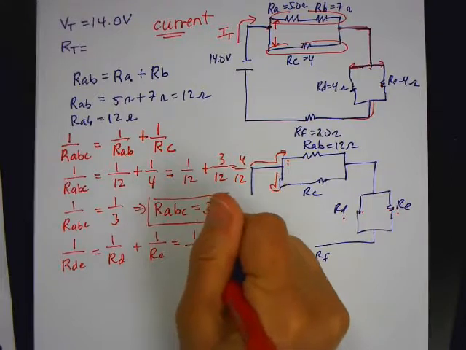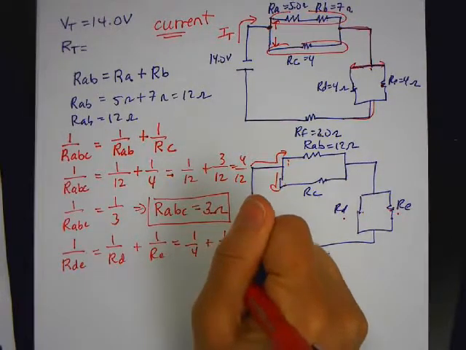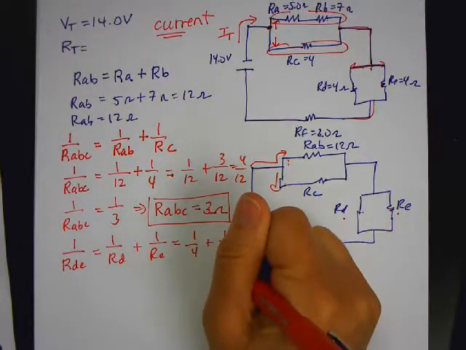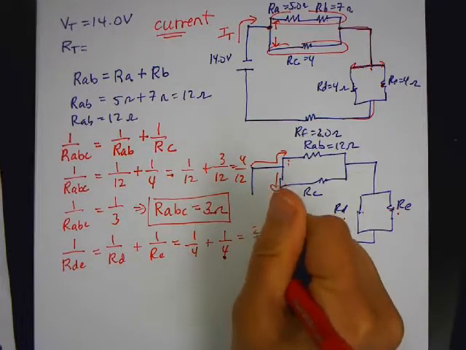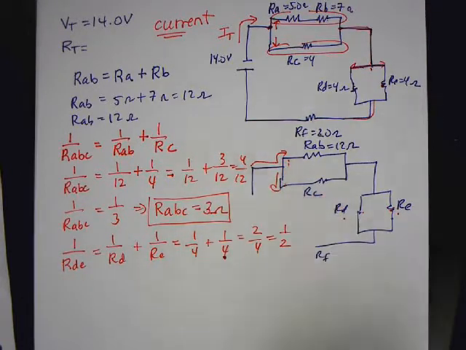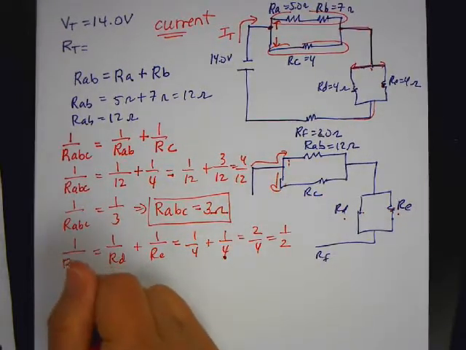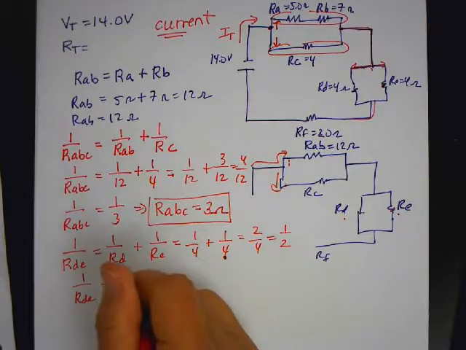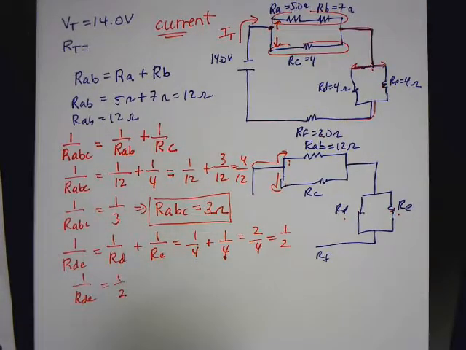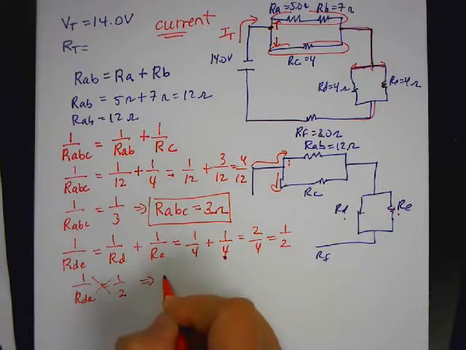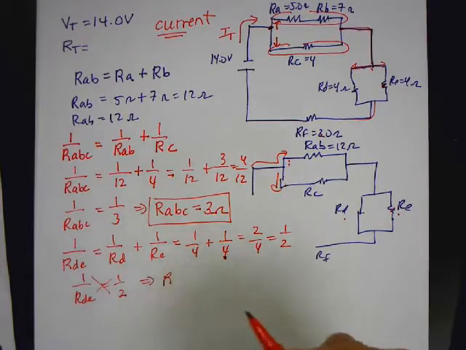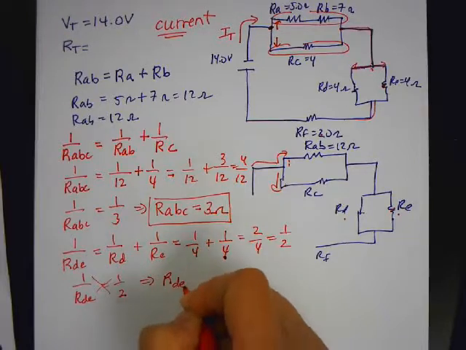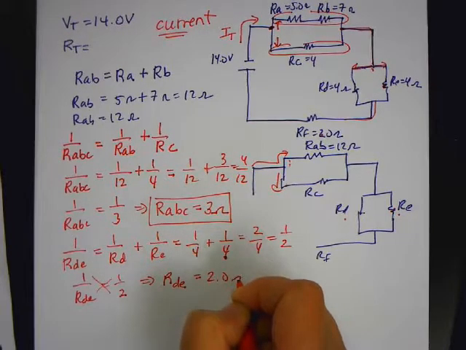So 1/4 plus 1/4 is equal to 2/4, which reduces to 1/2. So 1 over RDE is 1/2. And then when I cross multiply, I get RDE is equal to 2 ohms.